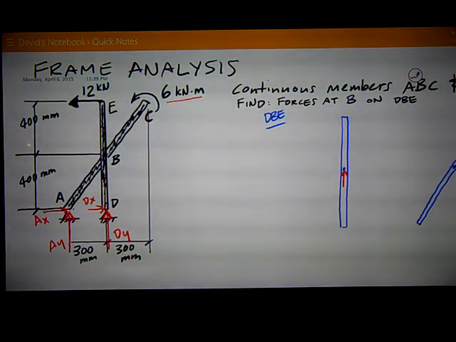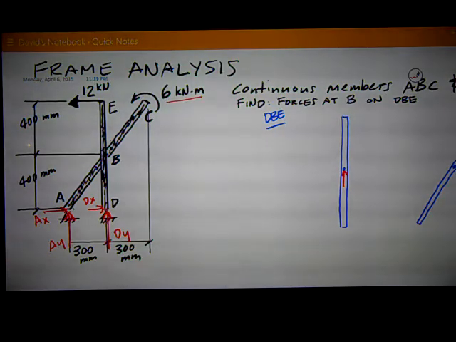Just assume something and drive on. Now I see that I can sum moments about, say, point D and eliminate DX, DY, and also AX as unknowns because it passes through D also.